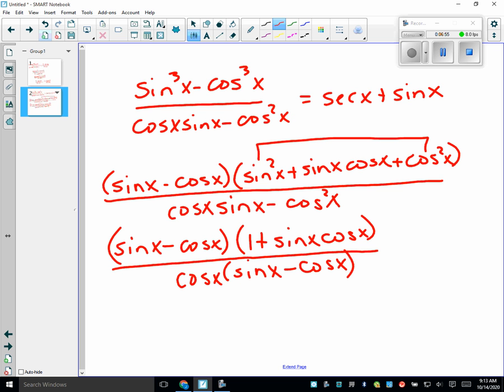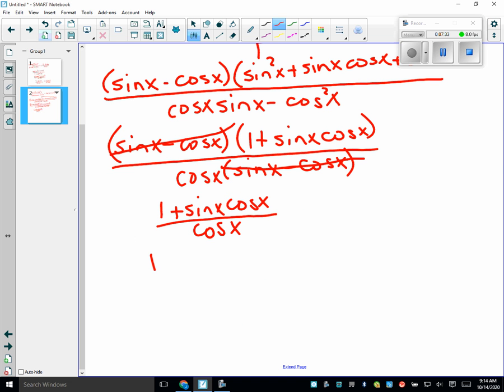Can I cancel? Okay. Cancel. Now, I have 1 plus sine x cosine x over cosine x, right? Split it into 2 fractions, because I don't need one big fraction, I need 2 pieces.